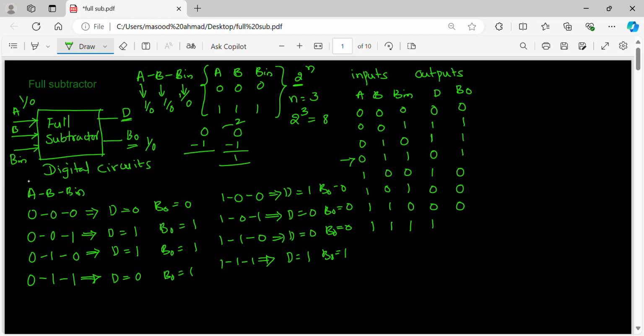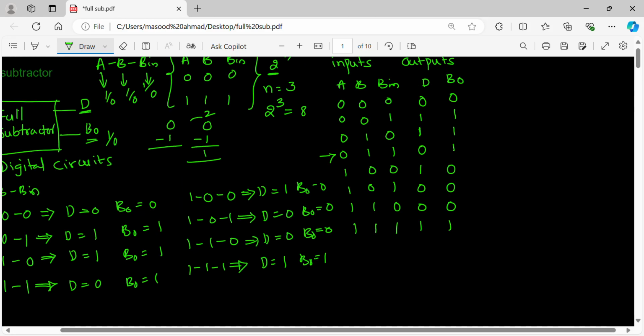So with this, output D is a function of inputs A, B, B in, and similarly borrow out is a function of A, B, B in. Three inputs are there.